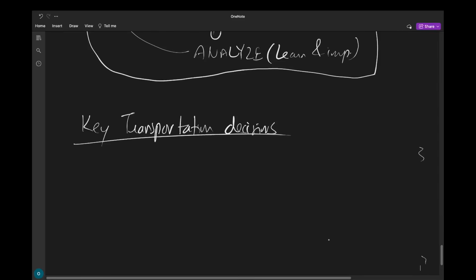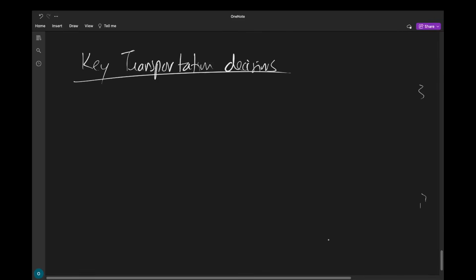Okay, so here decision one is which mode should we take? Mode. So we have first road.